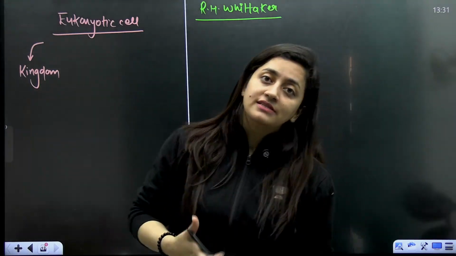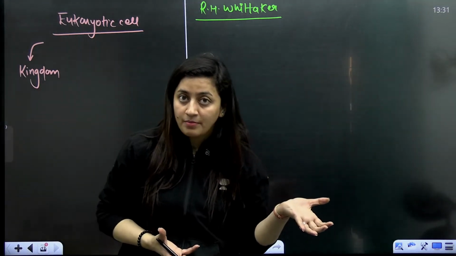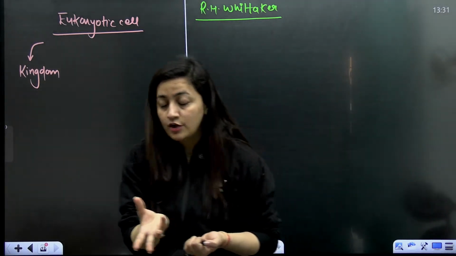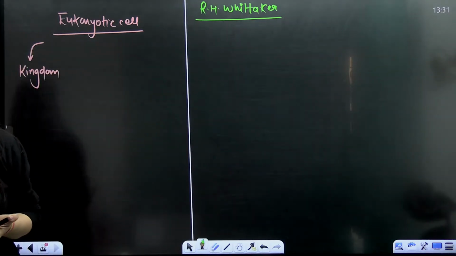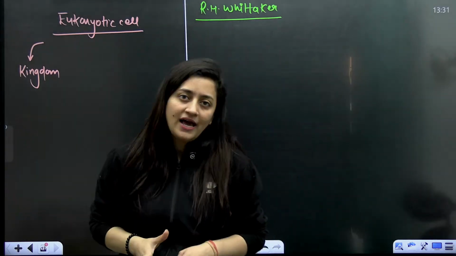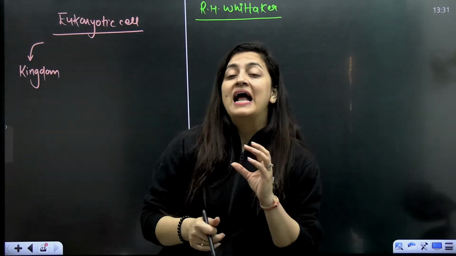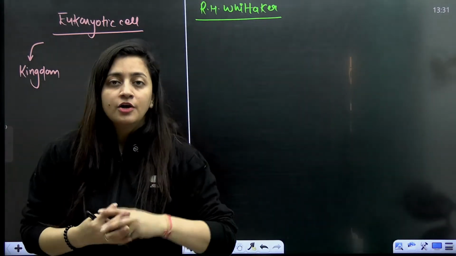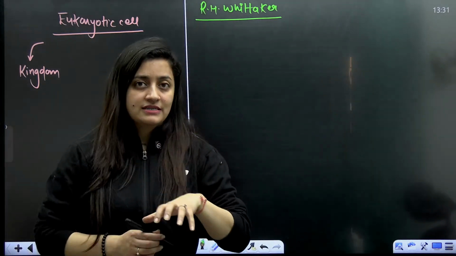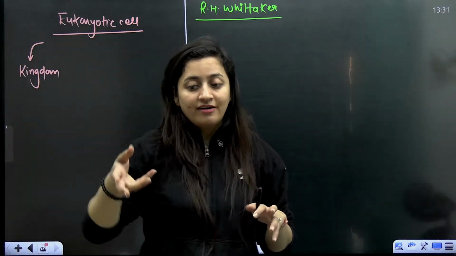So when we talk about the cell, unicellular organisms and multicellular organisms are there. Unicellular organisms are also capable of surviving. Multicellular organisms are also there. When we talk about multicellular organisms, we will slowly discuss that sometimes they have just a cellular level of organization.